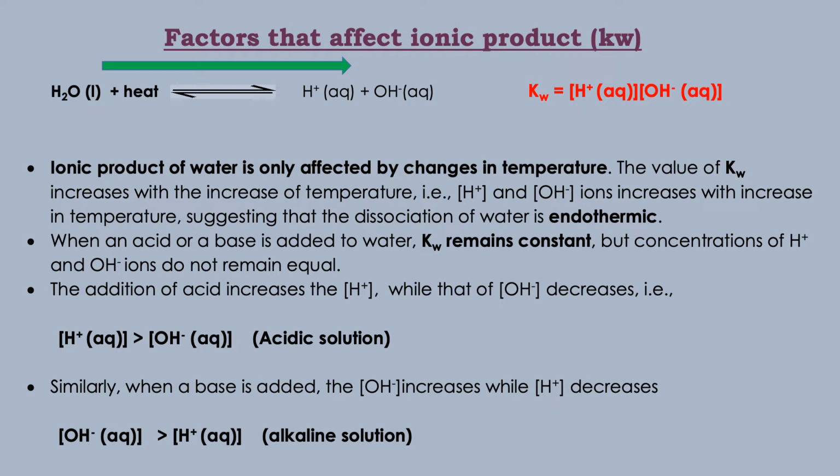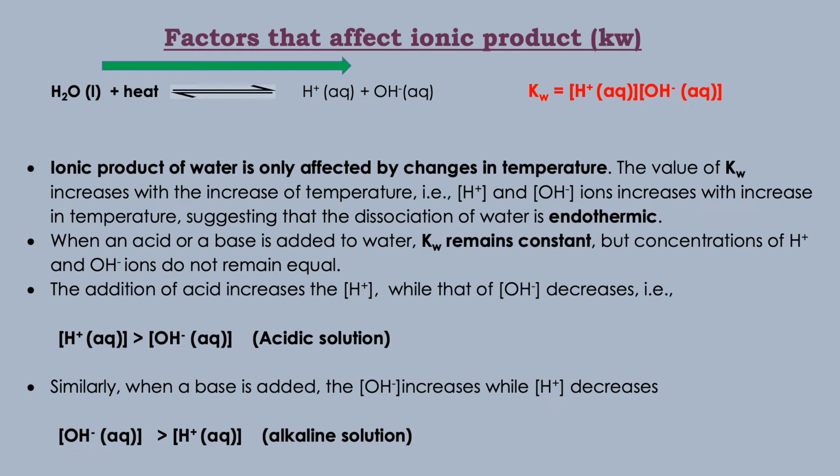When an acid or a base is added to water, Kw remains constant, but the concentrations of H+ ions and OH- ions do not remain equal. When an acid is added, the concentration of H+ ion increases, whereas the concentration of OH- ion decreases.